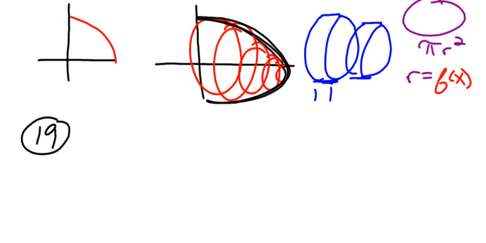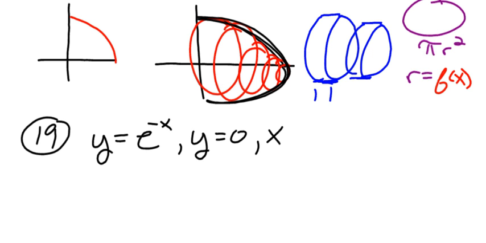For number 19, we're given the function y equals e to the negative x, y equals 0, x equals 0, and x equals ln of 4. This problem says we want to find the volume for this region R bounded by the following curves.